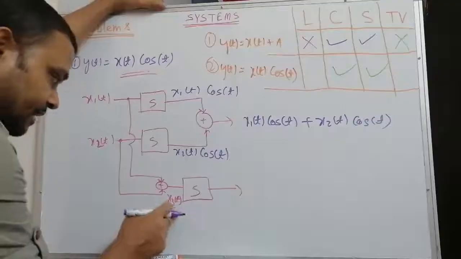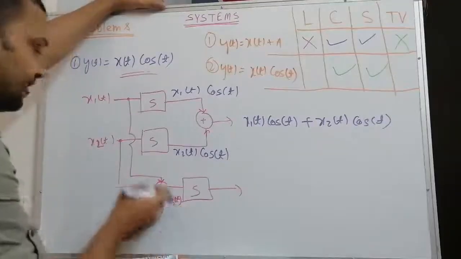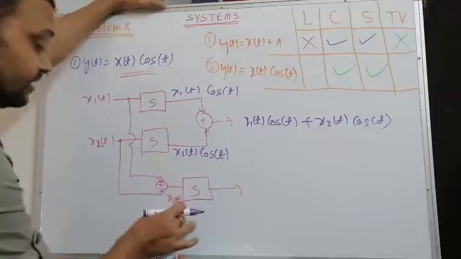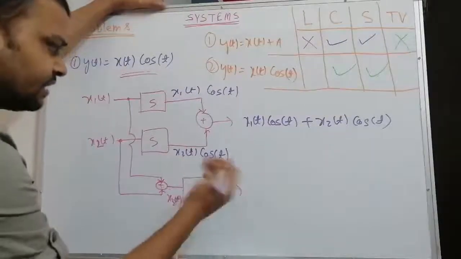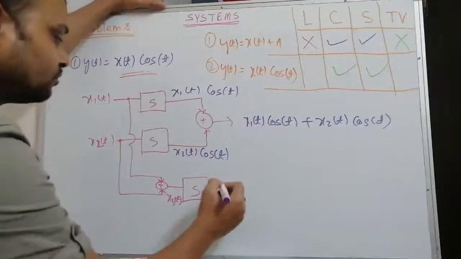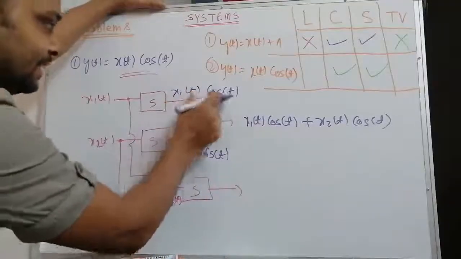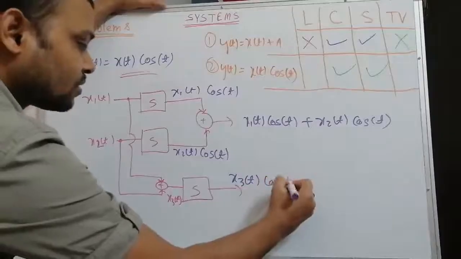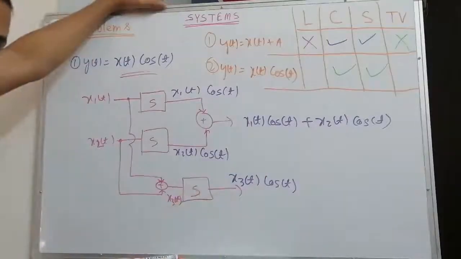Now we apply x3(t), formed by adding the inputs, to the system, and the output will be x3(t) cos t.